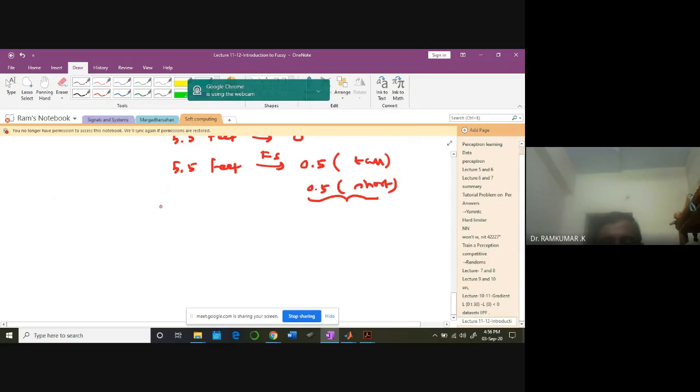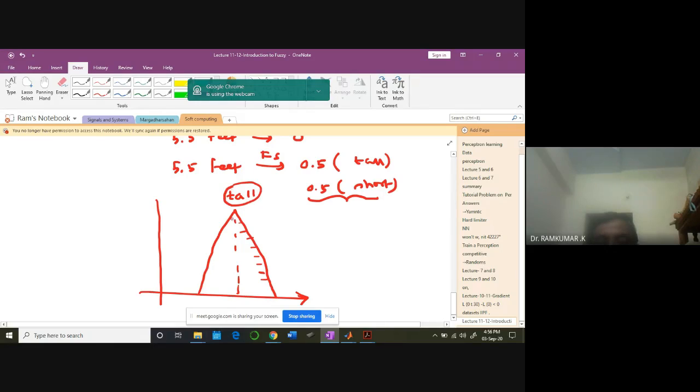So that can be addressed like this. See here, in my mind I am going to fix a set tall with 6 belonging completely to the set, and any other value apart from 6 will be given some reduced membership. This is the set tall. That word is very important. Now I can define one more set called very tall.